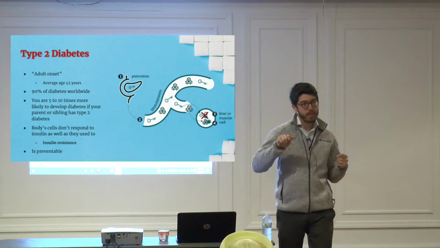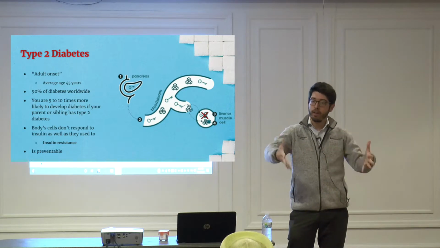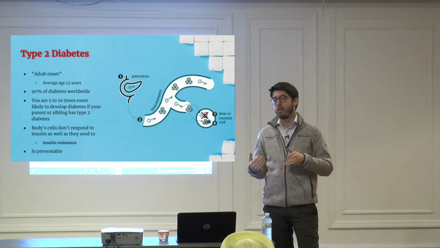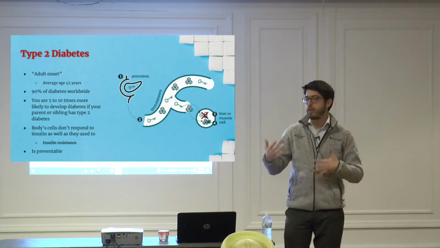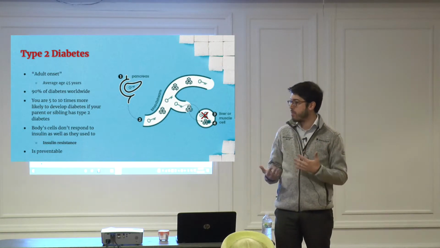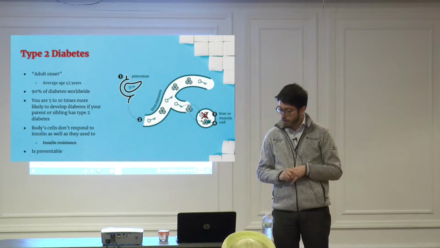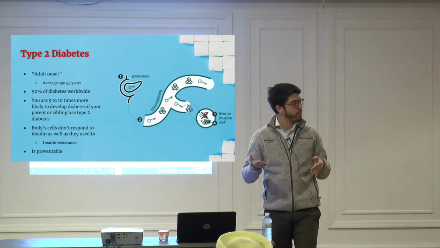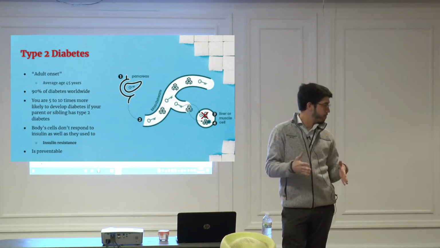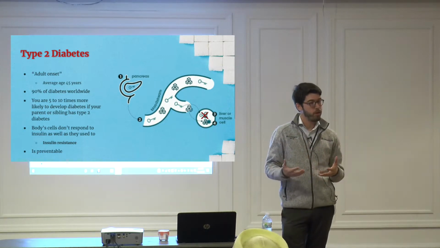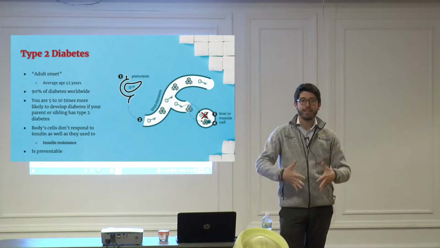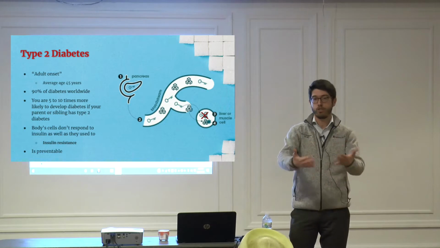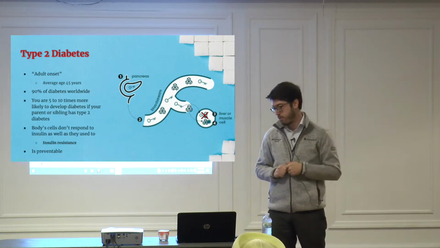So the key isn't maybe unlocking that lock and letting that glucose, that sugar, that fuel into your cells. There are lots of reasons that our bodies develop insulin resistance. We'll talk about some of them later. But in type 2 diabetes, that's the core of the problem, that you're still making your own insulin, which is the hormone that lets you use the sugar, but it's not as effective as it was before. So it's not as good at getting that sugar inside of your cells to use.